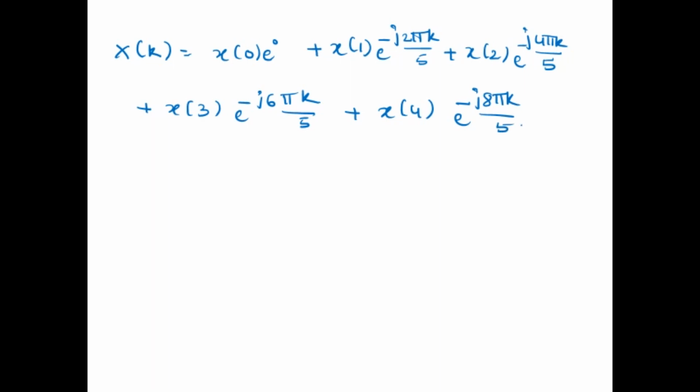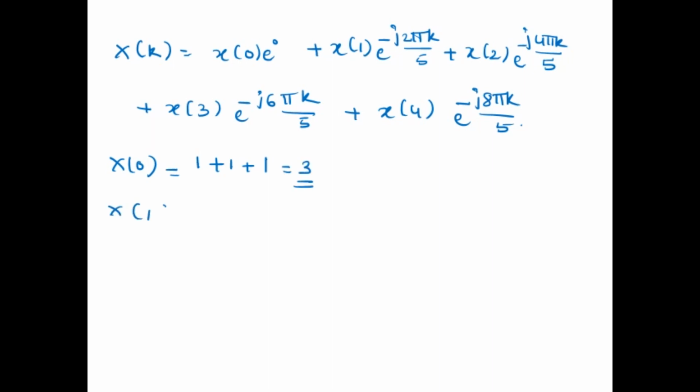So by putting the values of k, for x of 0 it is 1 plus 1 plus 1, which is equal to 3.